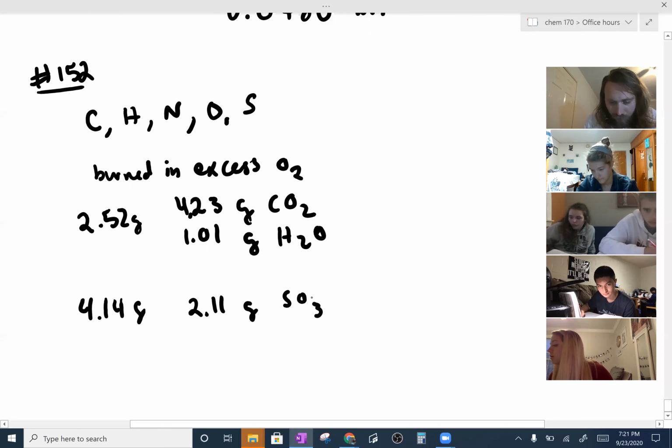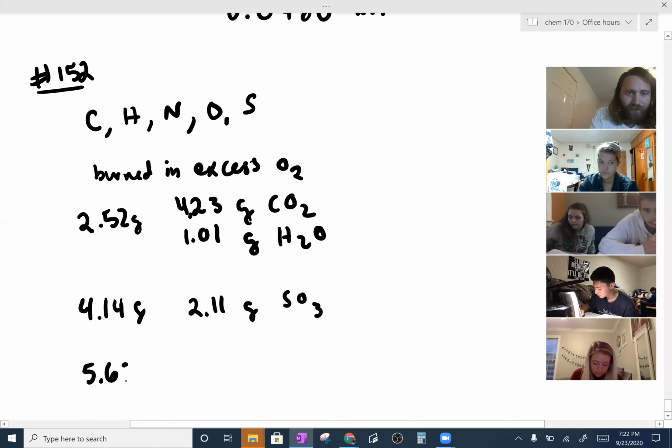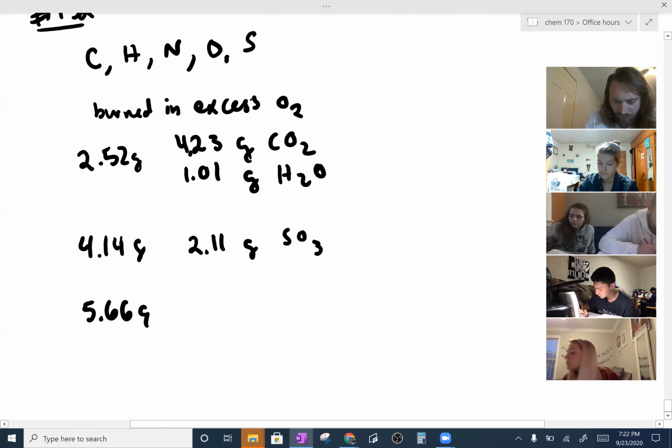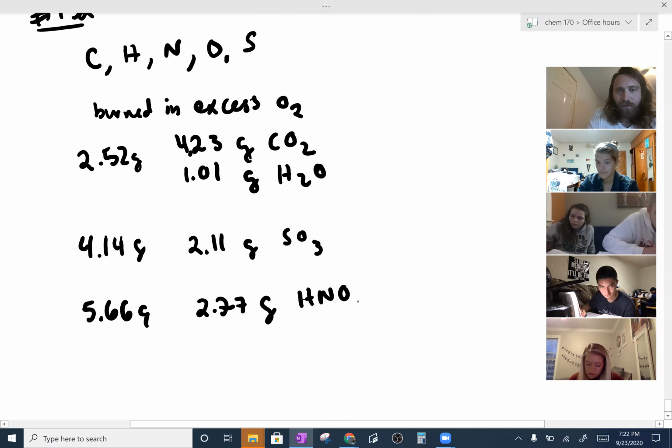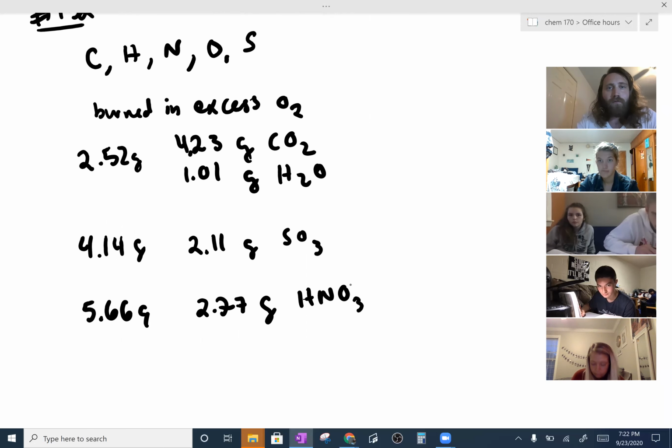And then a third experiment of 5.66 grams yielded 2.27 grams of nitric acid. Okay, and then our goal is to calculate the empirical formula for this compound.